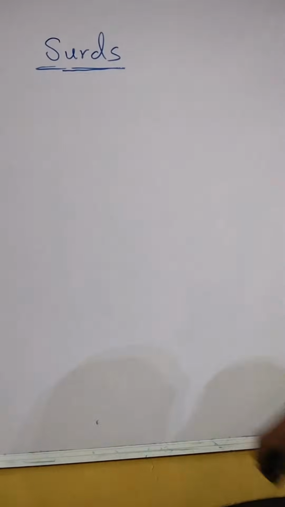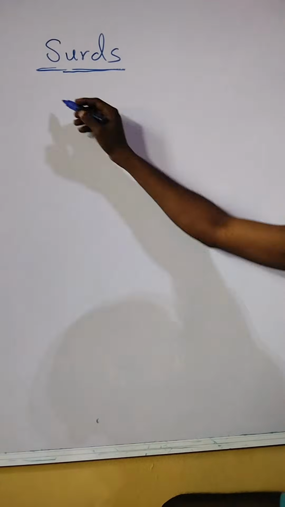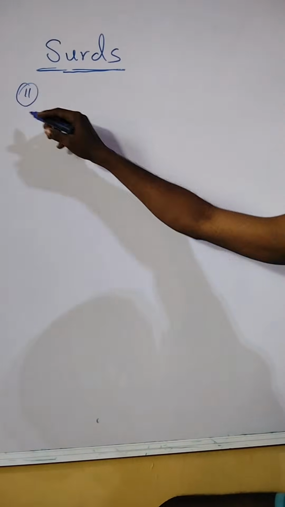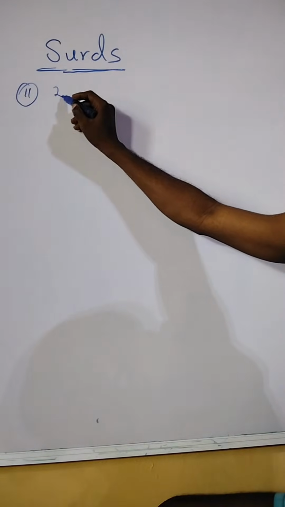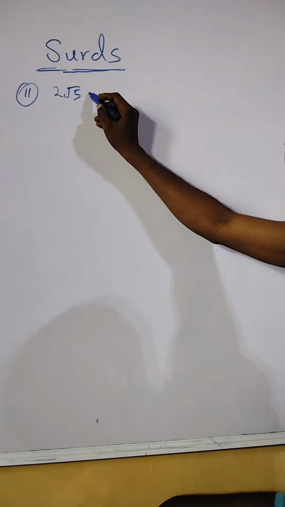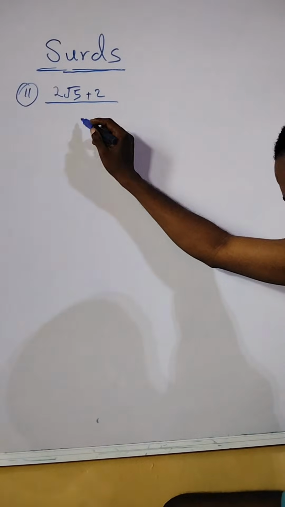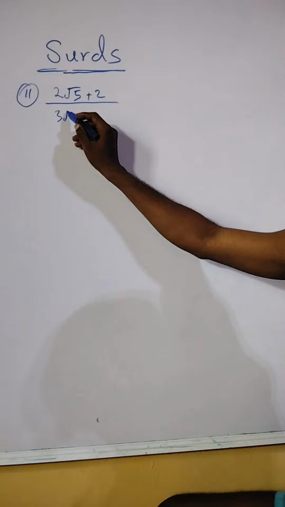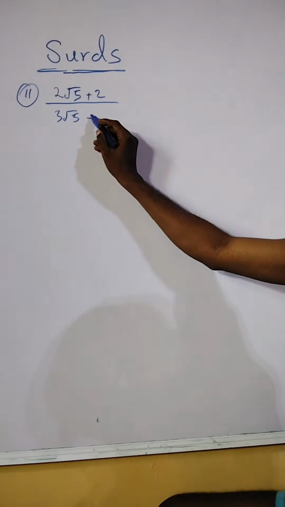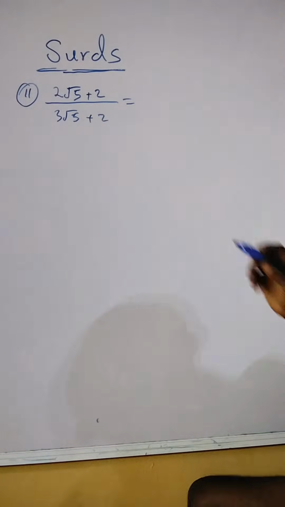So we label this as number 11. And we are to evaluate 2 root 5 plus 2, divided by 3 root 5 plus 2. So rationalize this surd as well.